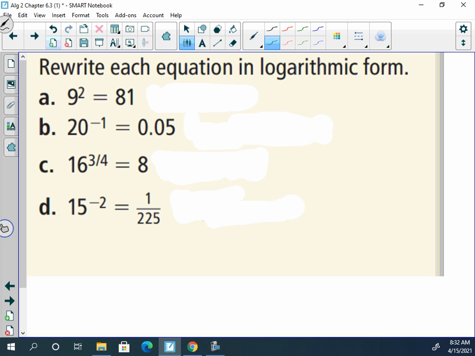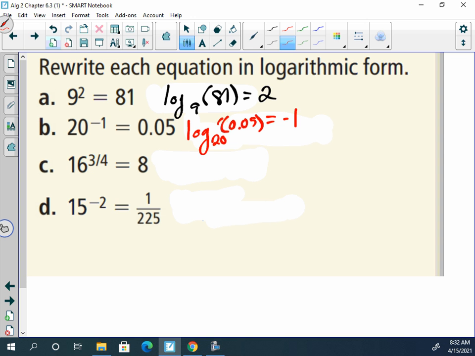All right, let's work from the top down. And then the next one would be log base 20 of something.